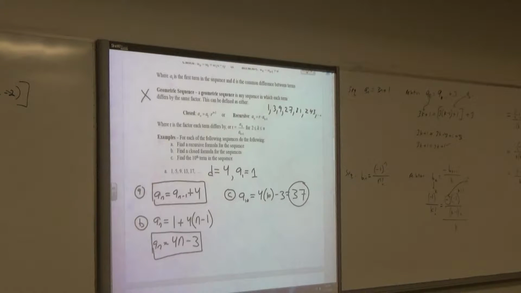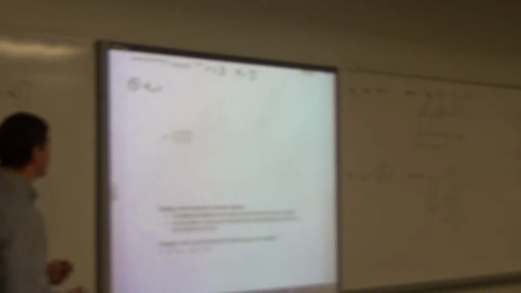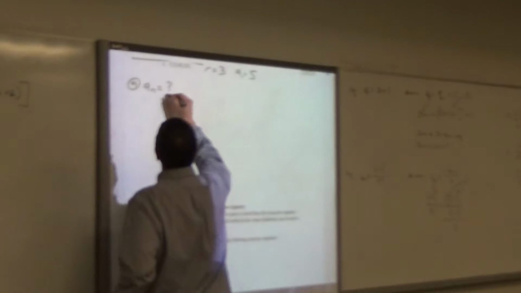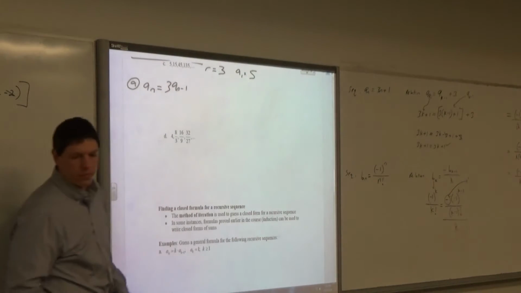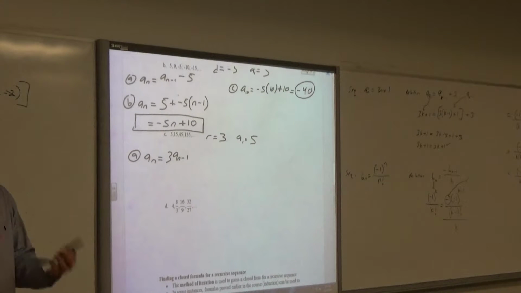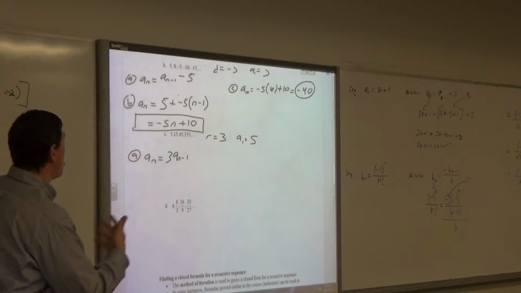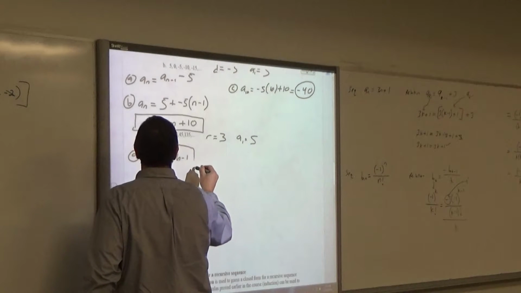For the recursive, it's just r times a sub n minus 1. So, for this one, it would be 3 times a sub n minus 1. Does that make sense to everybody, guys? All we're doing is taking the common ratio, multiplying it by the previous iteration, and that'll give us the next iteration.